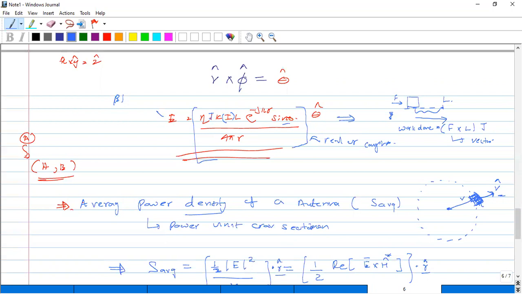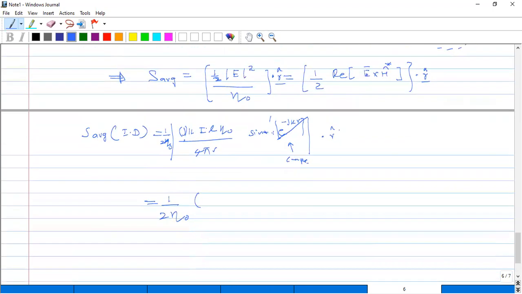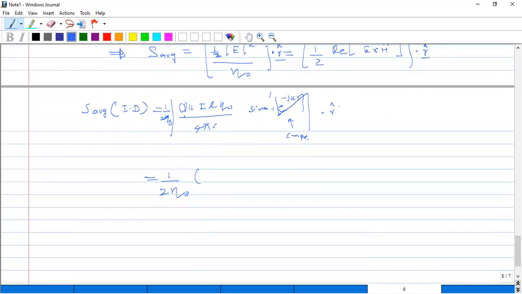But here we are not given the I, so we have to get the magnitude of I. So finally this j is not here, we have k square, the magnitude of I squared, l square, theta square, sine theta square.